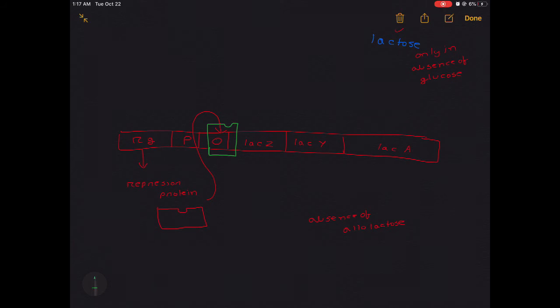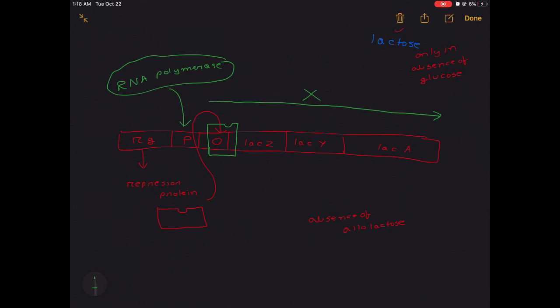Now, once this happens, RNA polymerase can no longer transcribe the structural portion of our Lac Operon. Hence, the three enzymes coded for by our structural gene are not produced.